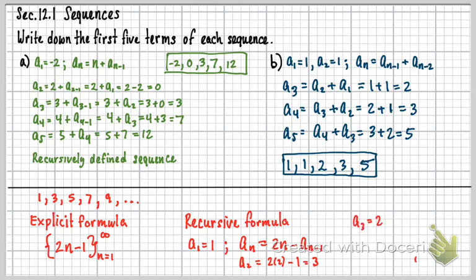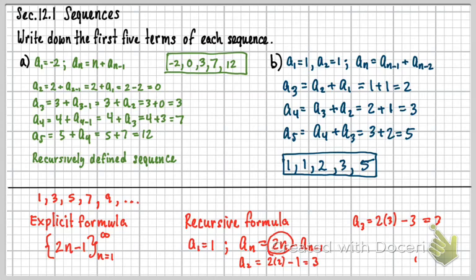So that's going to be 2 times 3 minus 3. So this would equal 3. So this isn't working. Maybe we're looking at this too complicatedly with this 2n here.